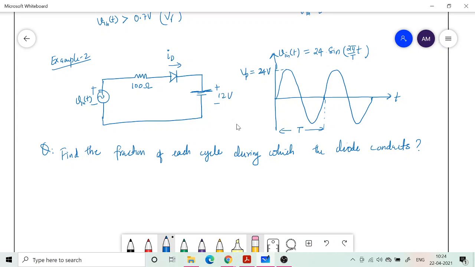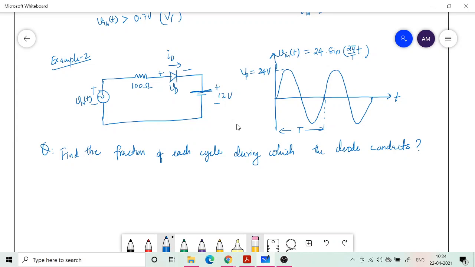We know that depending upon the condition that we earlier specified, at some point of time the diode is going to be forward bias, and at some point of time it is reverse bias. In one complete cycle, at what point of time is the diode forward bias? Let's assume that Vd is the voltage across the diode, and that it is an ideal diode.